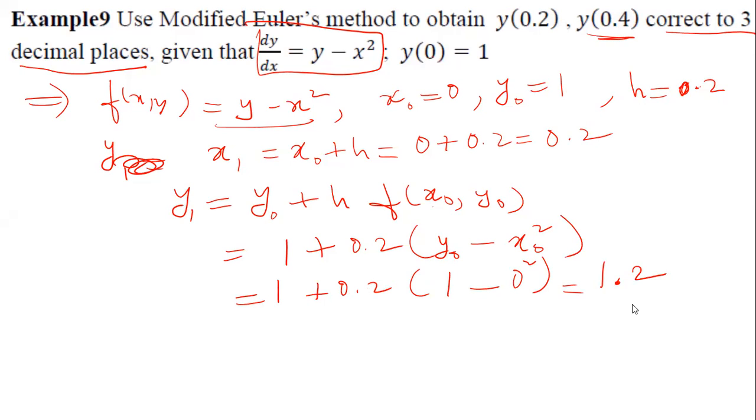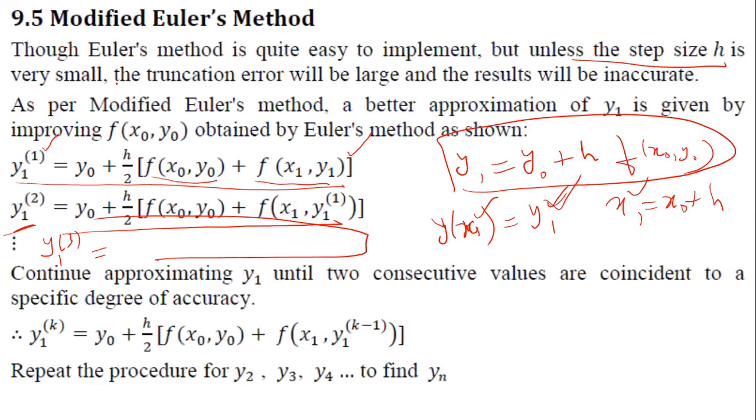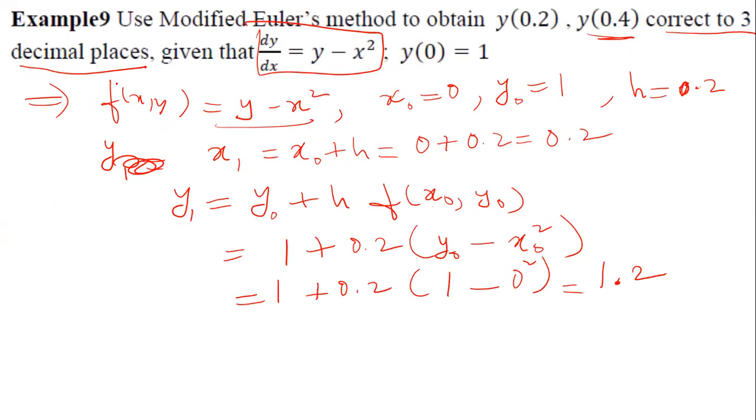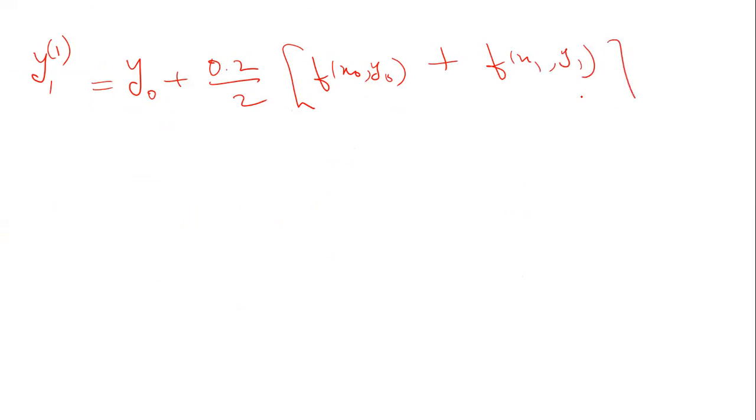Now in order to obtain a better approximation of this y1, we will use our modified Euler formula over here. So y1 in the first iteration will be y naught plus h upon 2, h is 0.2, so 0.2 upon 2, times f of x naught, y naught plus f of x1, y1.